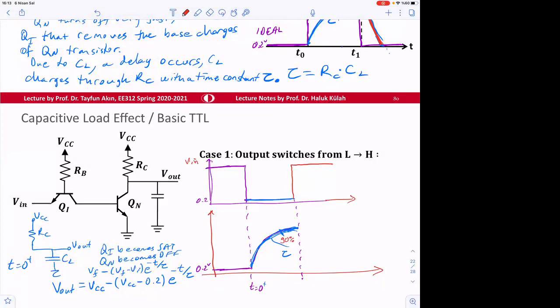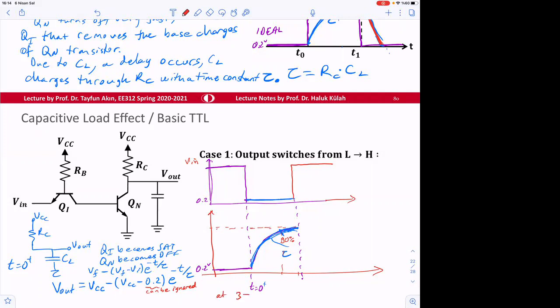So typically for these calculations, this 0.2 can be ignored because it's not big next to VCC. So therefore, we can have a nice analysis here, and anytime in this voltage scale, we can determine what happens to this voltage. So for the 90% time, we can say that it takes 3 tau.